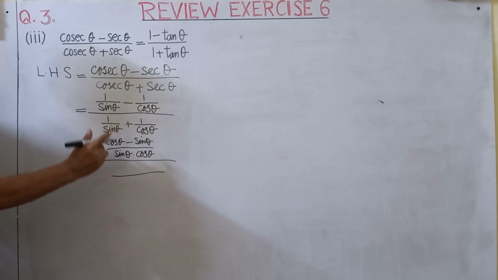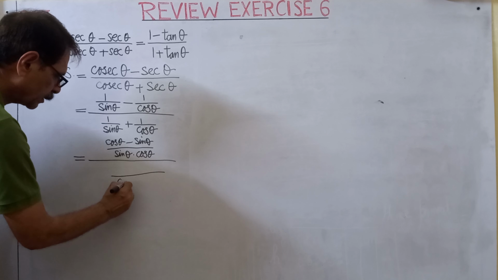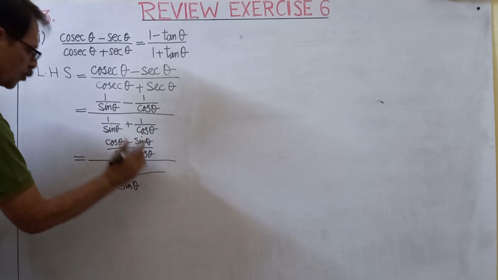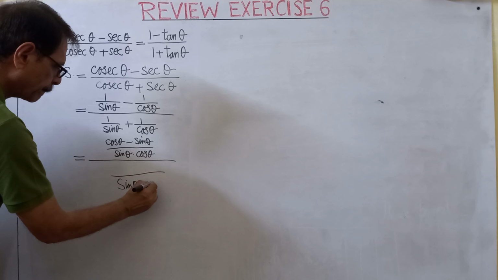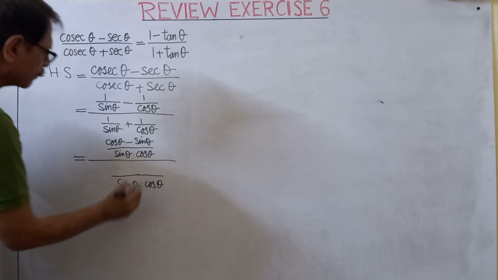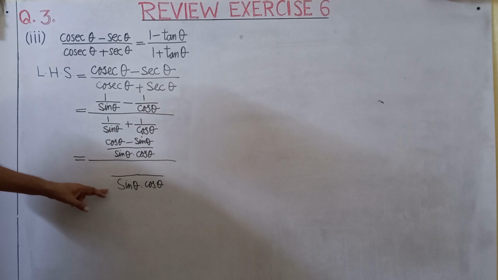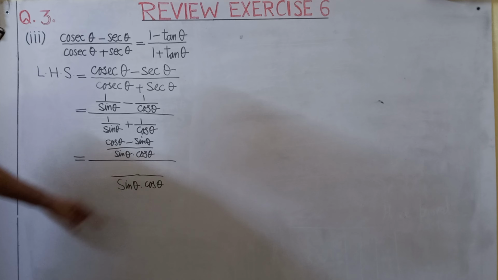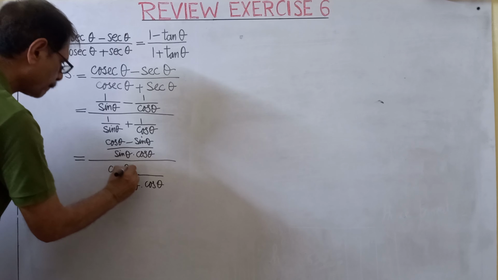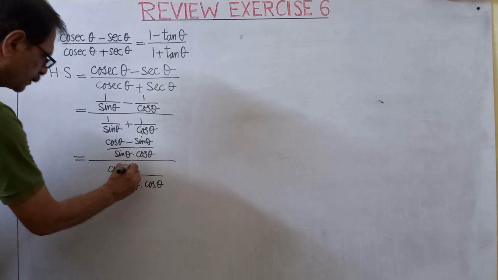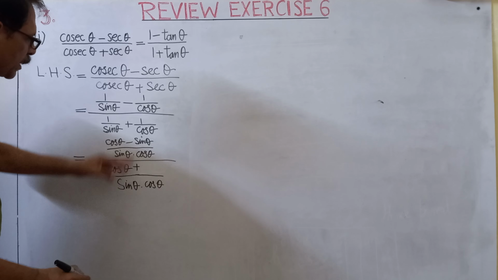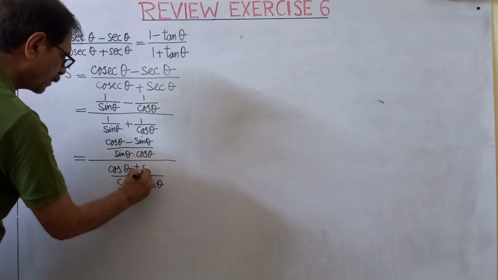Similarly, taking LCM of the denominator, which is sin theta into cosine theta, sin theta cancelled with sin theta, so here comes cosine theta, plus cosine theta cancelled with cosine theta, here comes sin theta.